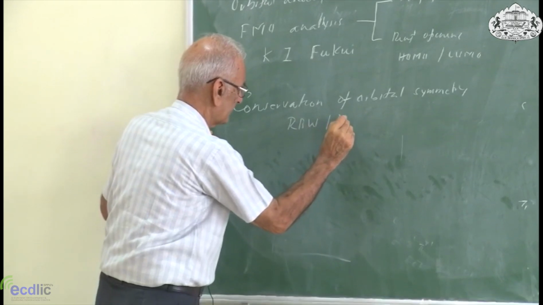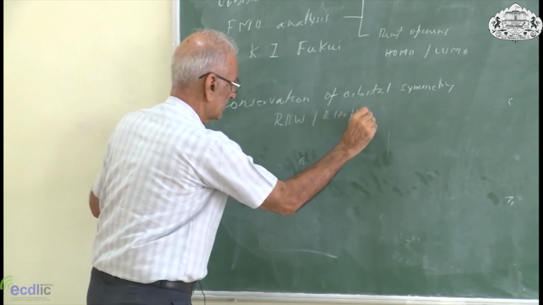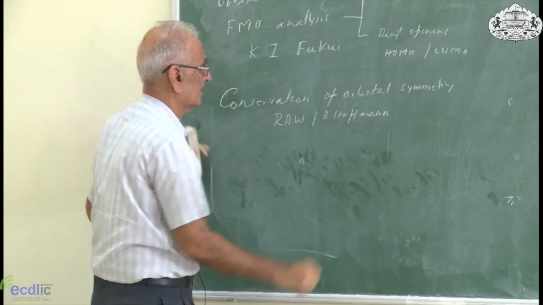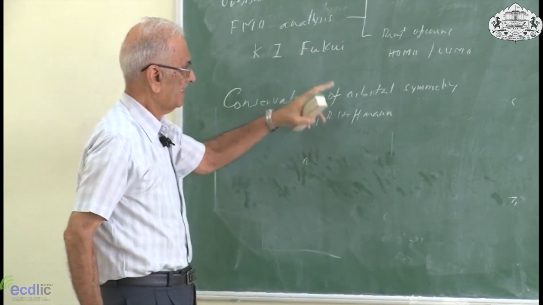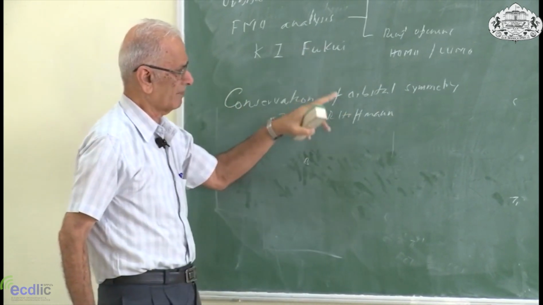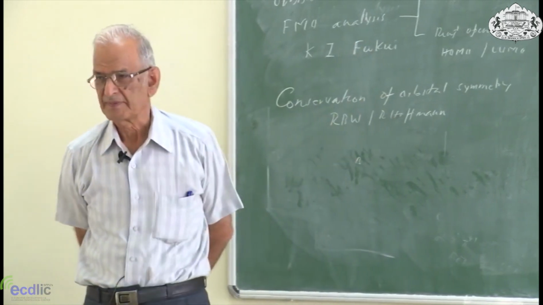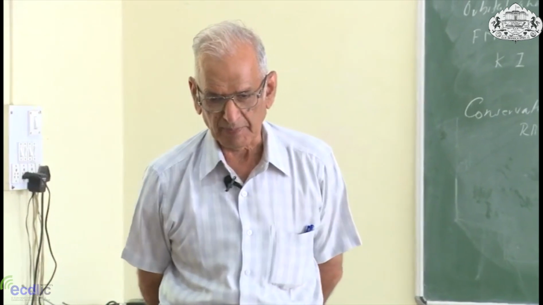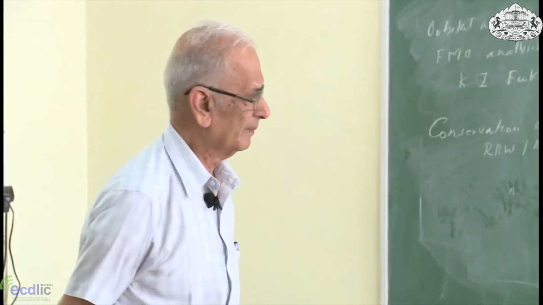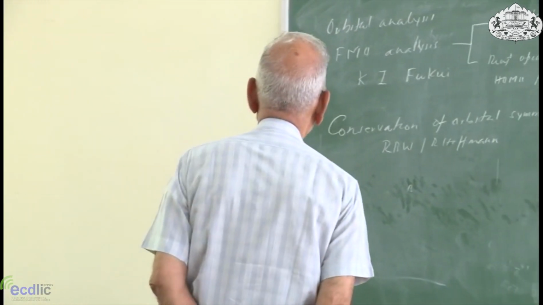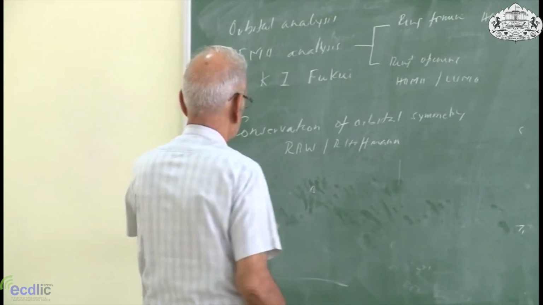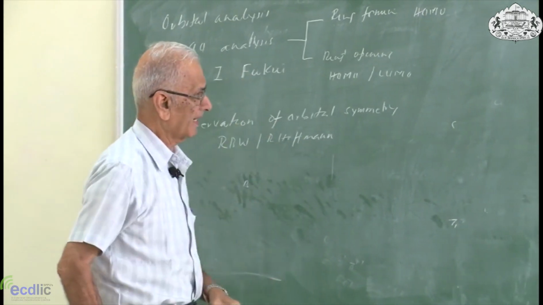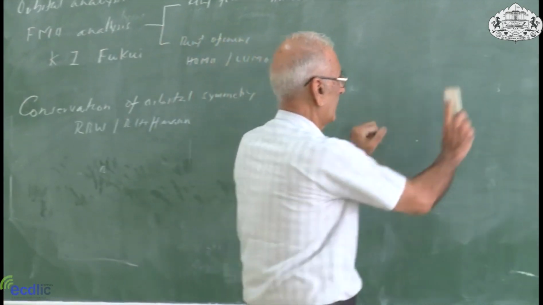Woodward and Hoffman, 1981, the Nobel Prize was shared by these two people. Woodward had already won the Nobel Prize earlier. So, for pericyclic reactions, the Nobel Prize was shared by these two people in 1981.